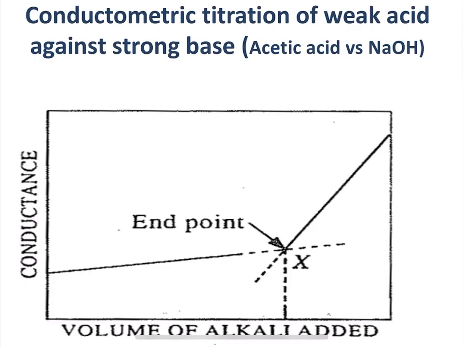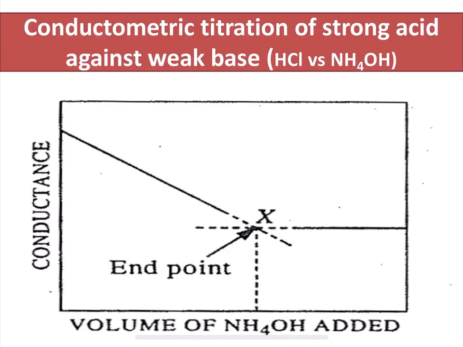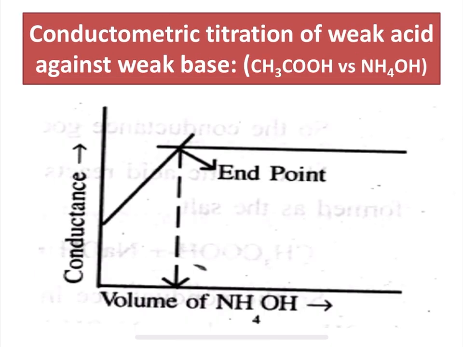Acetic acid is a weak acid, and ammonium hydroxide is a weak base, so both are weak. Weak acid against weak base titration is going to be studied in case 4. To study this, I am going to pipette out acetic acid into the beaker and titrate it with ammonium hydroxide.